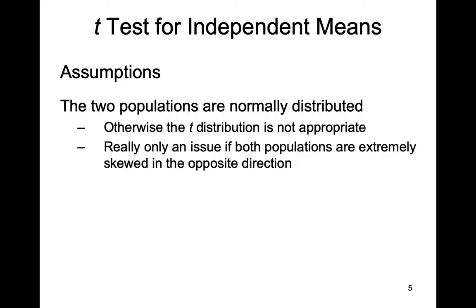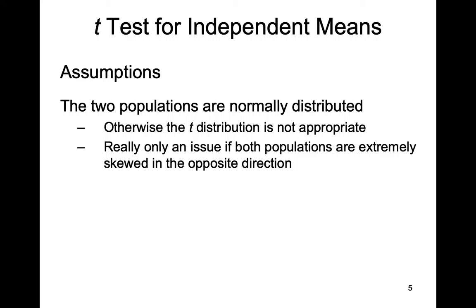So if for some reason we had reason to believe that population 1 had scores, let's just say that these are scores on an examination in a stats class, and we're interested in comparing men and women as just an example, we would have to have very strong reason to believe that men as a group had exam scores that would be very positively skewed.